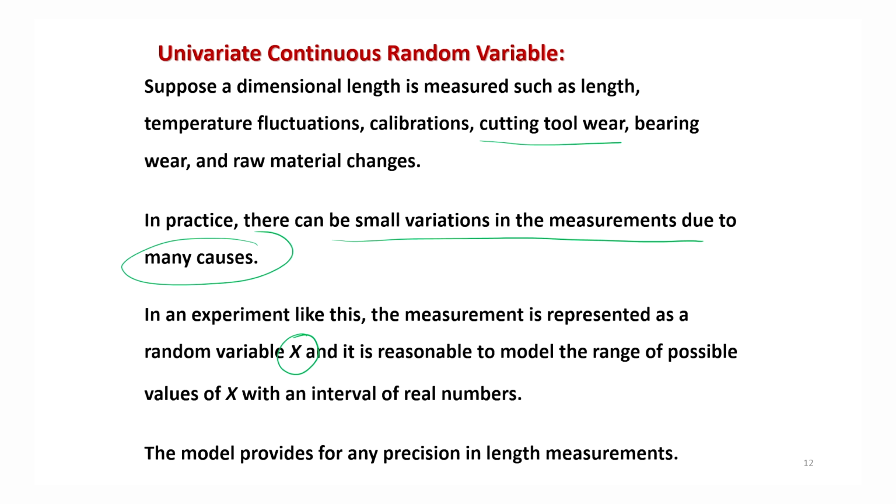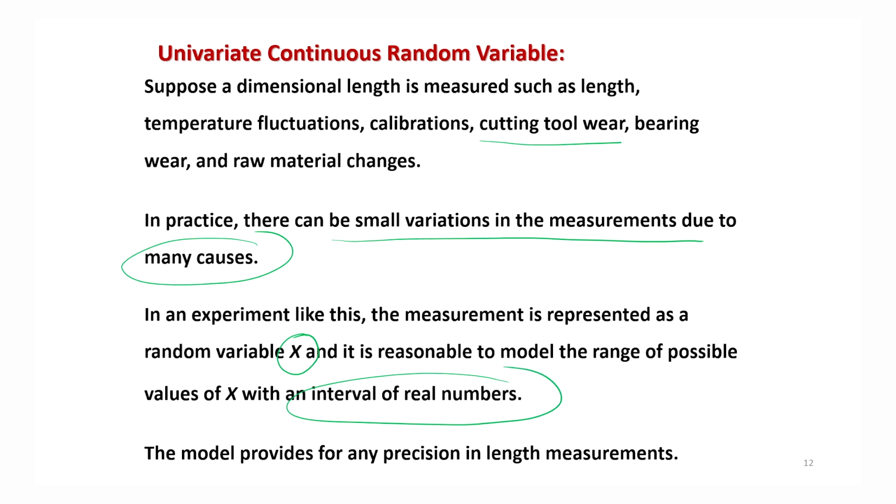But in the case of the moisture level in the soil, or say temperature, this can be 30 degrees centigrade, 30.1 degrees centigrade, 30.11 degrees centigrade, 30.111 degrees centigrade, and so on. So there will be some random variation, and the random variable is going to assume values in the form of an interval of real numbers.